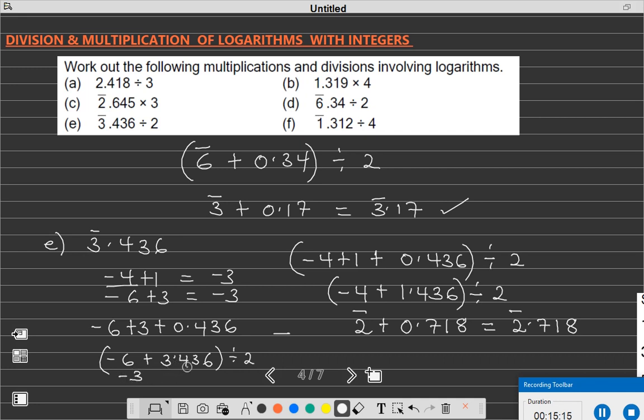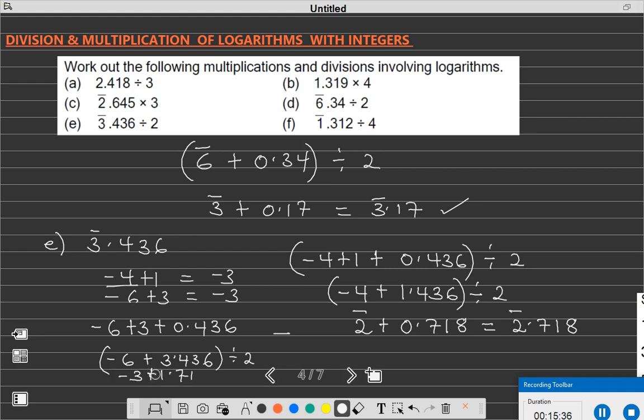Now divide this one here, 3.436 divided by 2. You get 1.718.